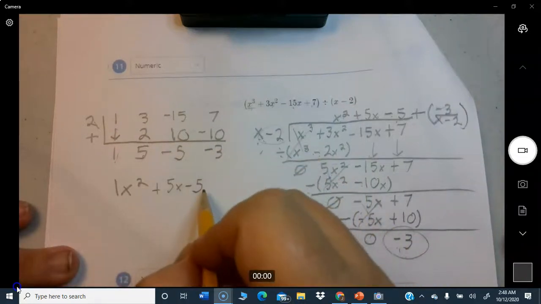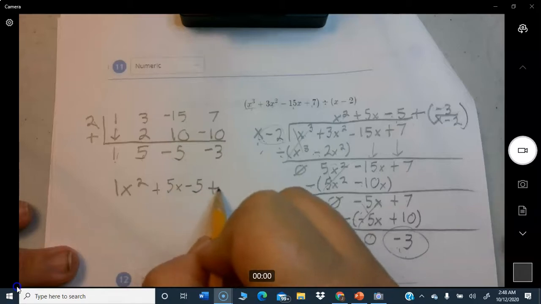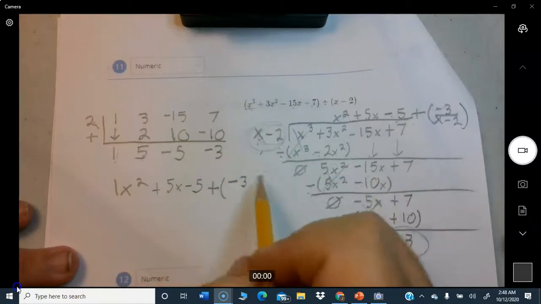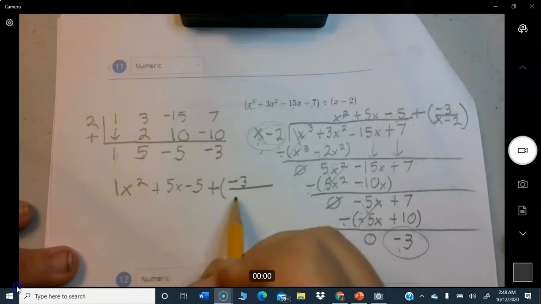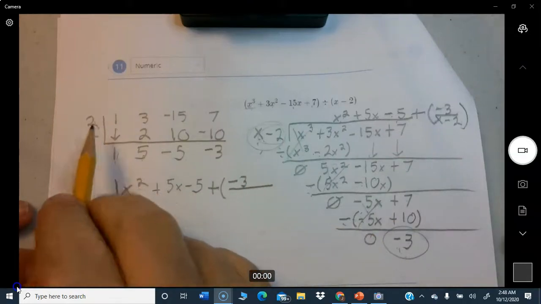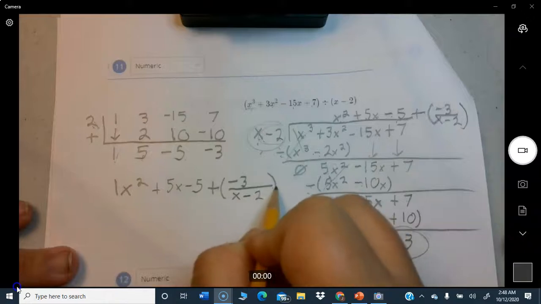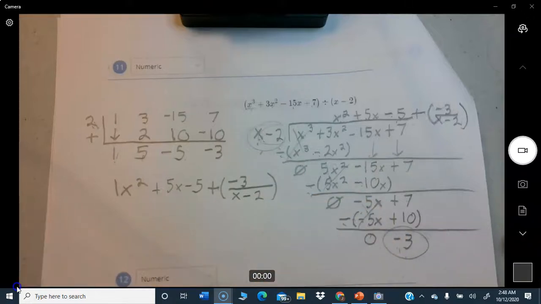And then you go ahead and put the plus sign, parenthesis, -3, and now you have to come back here and get the actual divisor. It's x minus 2. Okay, you can't just use that. Okay, and that takes care of that.